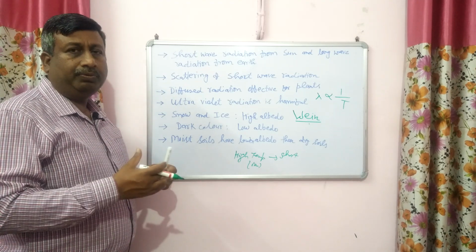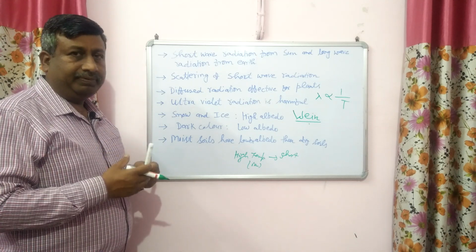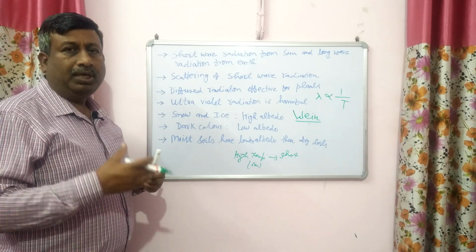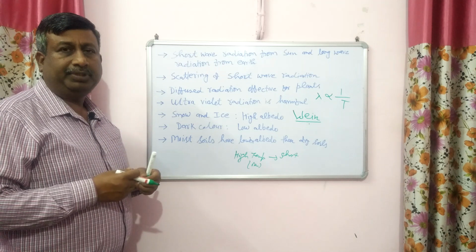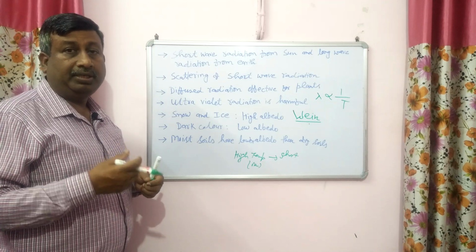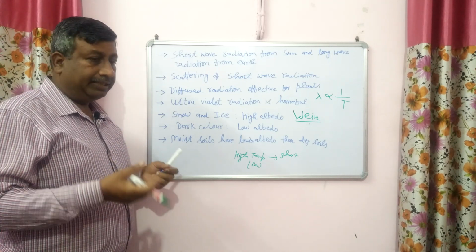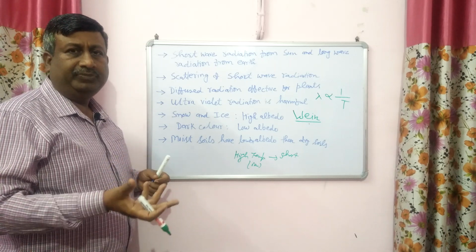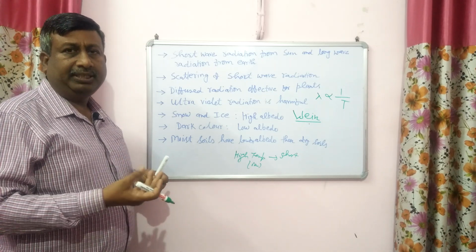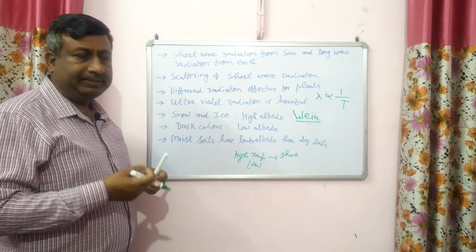As compared to the sun, the earth's temperature is very low. At the outer surface, the temperature of the sun is about 6000 Kelvin, and at the earth it is generally about 20 or 25 degree centigrade, hardly 40 degree centigrade.